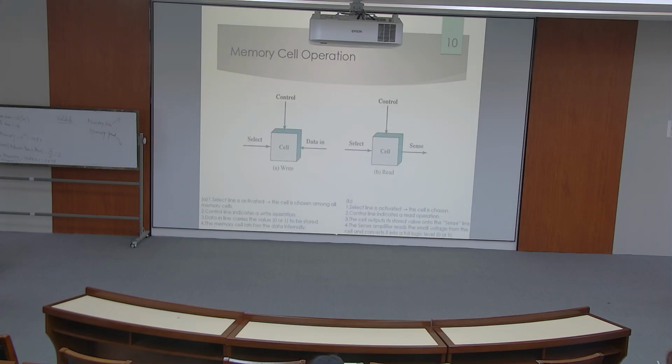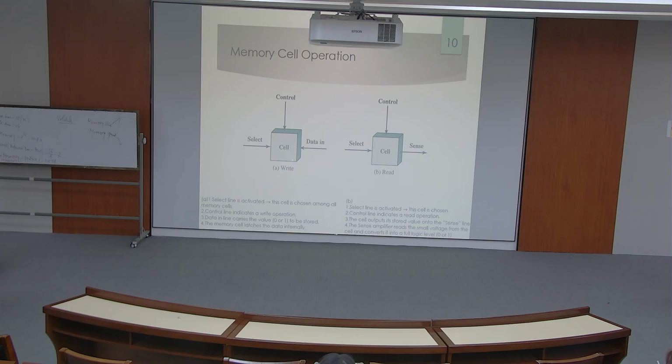Now we have a memory cell operations example, with a picture on the screen. On the left side is a write operation. First, we select the line to be activated, meaning this cell is selected among many memory cells, and the control indicates that it is a write operation.